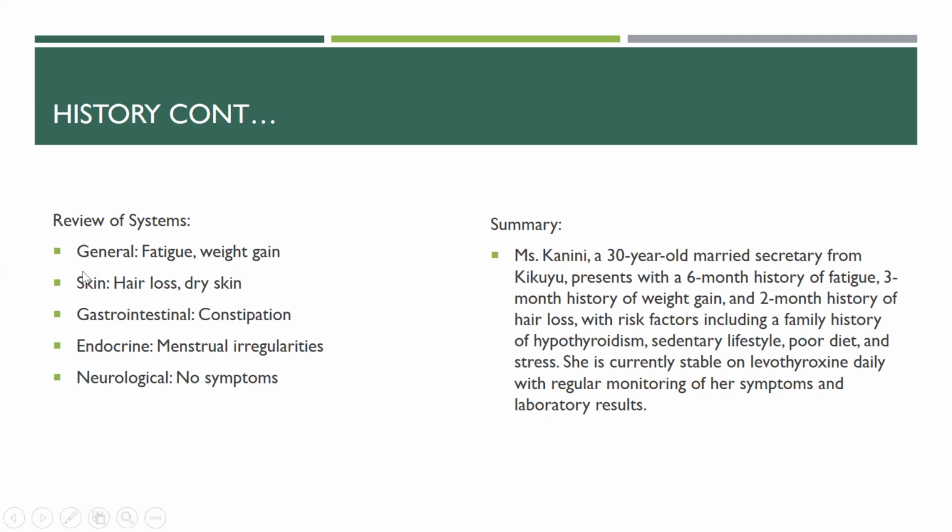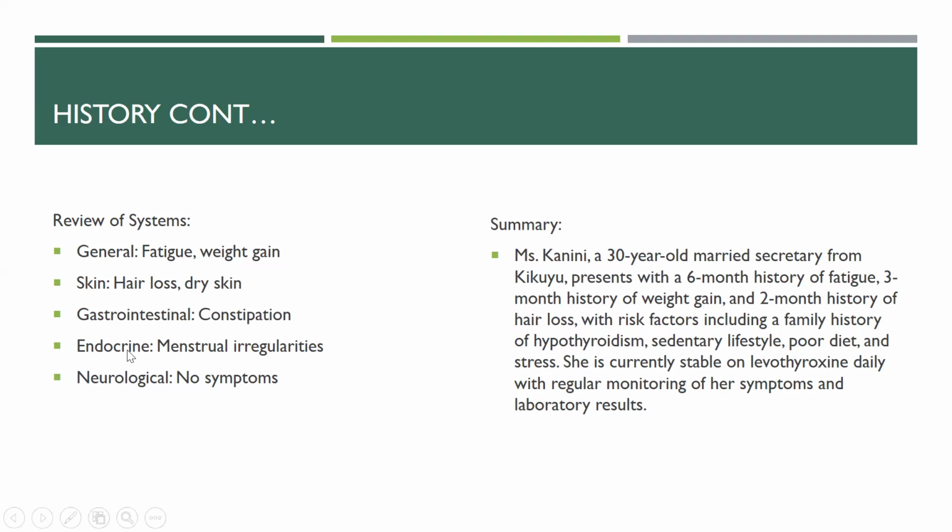This review of systems is very focused. And what they need from you is a lot of negatives, you know everything. So, in short, when you ask me about something like constipation, you also have to say no nausea, no vomiting, no diarrhea, no this, no that. There was constipation, but yeah.